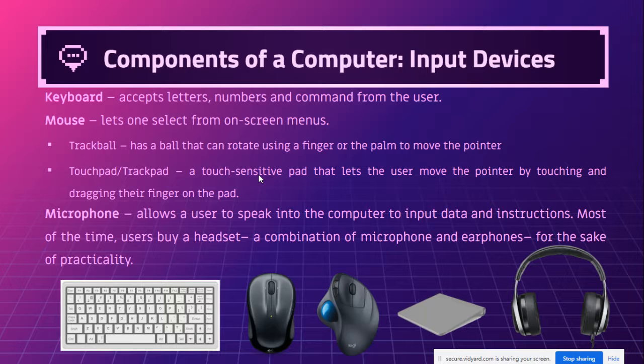So next is the mouse. It lets one select from on-screen menus. So when you use your mouse, there are these components, which are the trackball and the touchpad or trackpad. So the trackball has a ball that can rotate using a finger or the palm to move the pointer. So that's the mouse that we use.